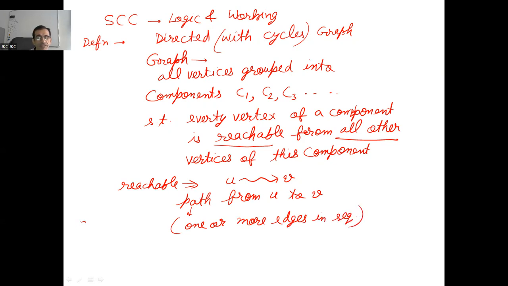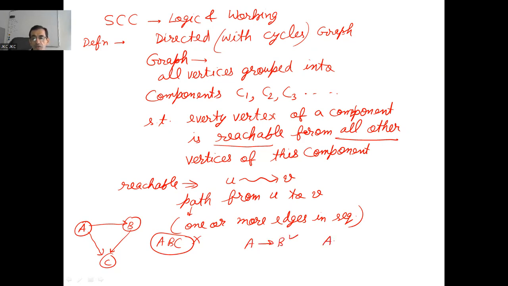For example, if there is a vertex A, a vertex B, and a vertex C, and I have a connectivity like this, then I can't say ABC is a component. It will be incorrect, because from A to B, yes, there is a path and reachability. A to C, yes, there is a path or reachability. B to C, yes, but B to A, I can't reach. C to B, I can't reach.